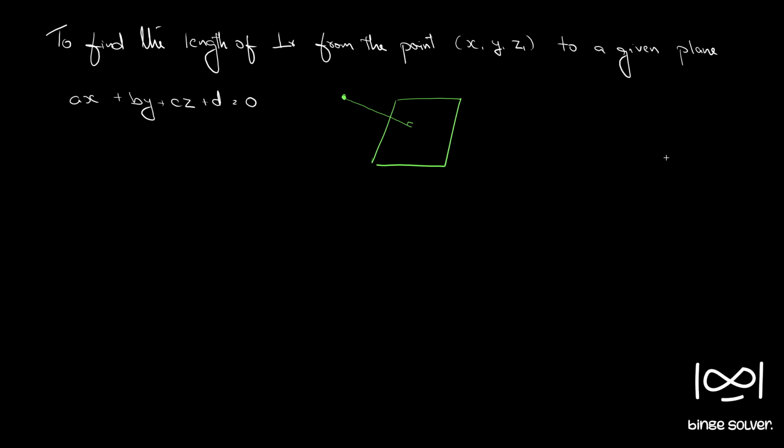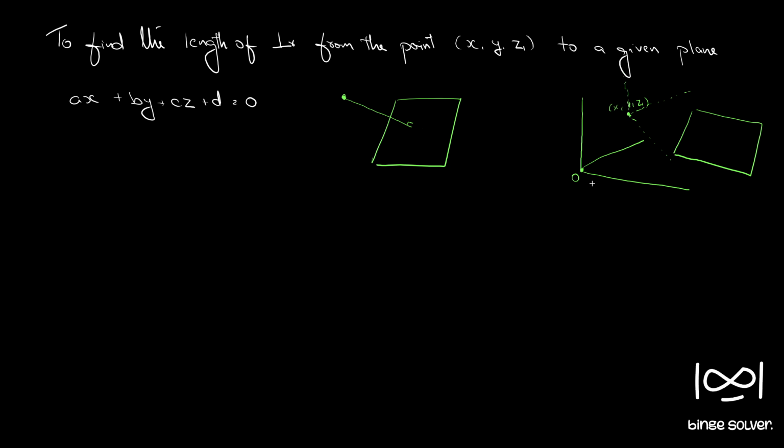So for this, we are going to use the concept of shifting the origin. If you are not familiar with the concept, let me explain. We have the xyz coordinates like this, and say our plane is here, and our point x1, y1, z1 is here. This is our origin. Now we will shift our origin to this new point. So our new origin becomes this point.